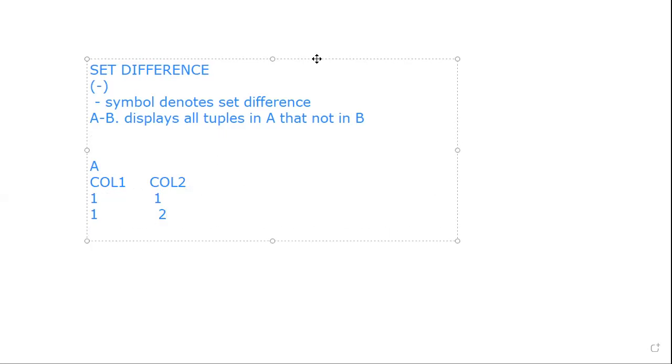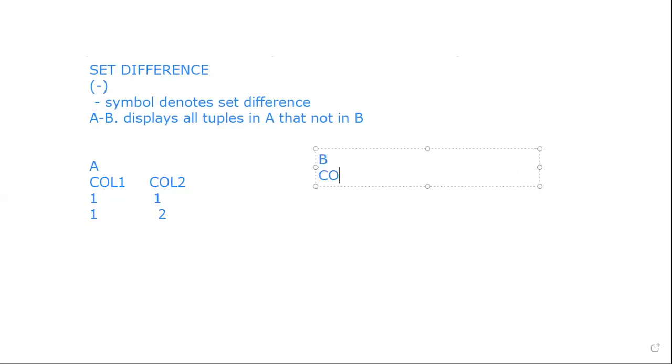The second table is B, with column 1, column 2, and the values 1, 1 and 1, 3.